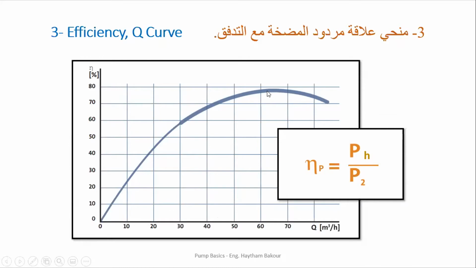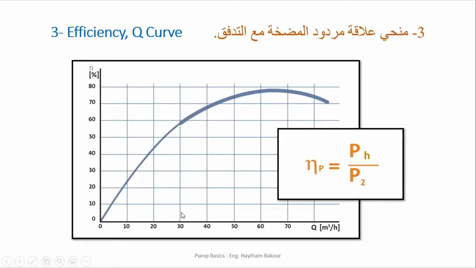So it is very important to start this and make the pump work here, as it is very near the most efficient point, so we can use it best. If we use a flow rate of 6 cubic meters per hour, we can have an efficiency of almost 77%.